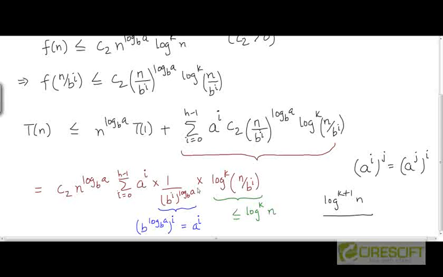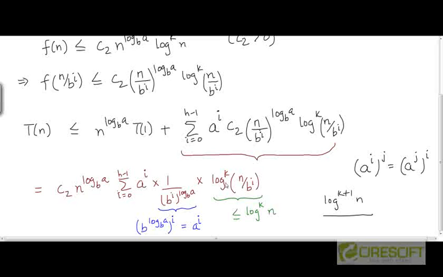So if we replace n divided by b to the power I by n everywhere, there are basically h terms in this series. The first term is log to the power k of n. Second term is log to the power k of n by b.